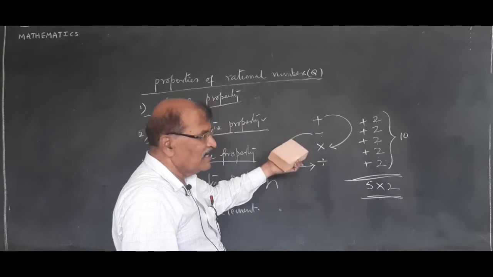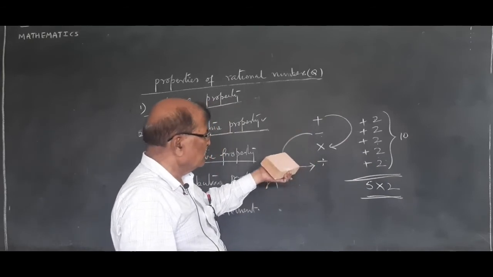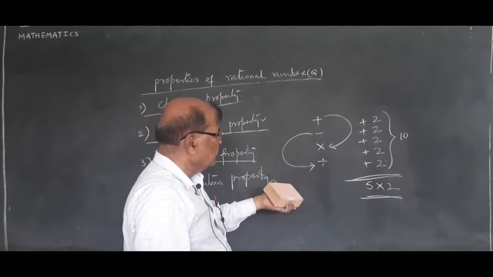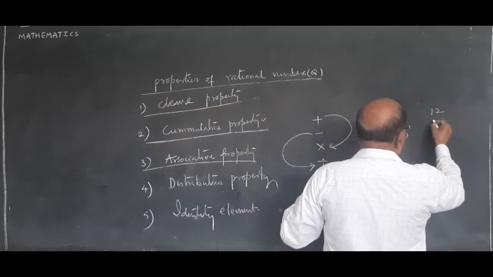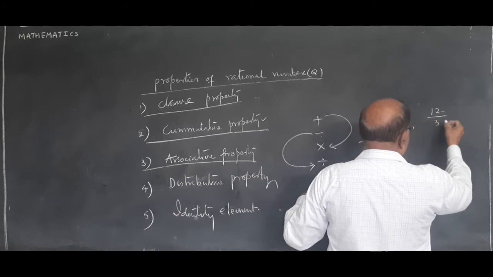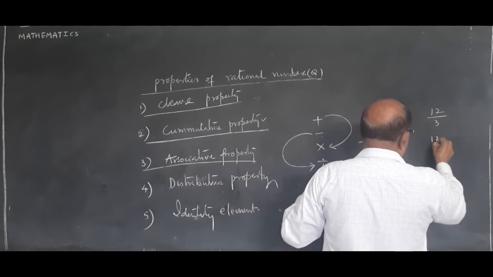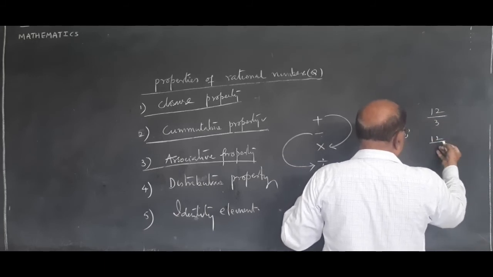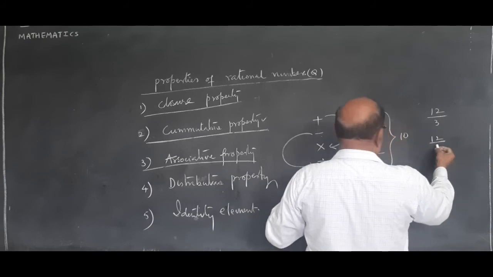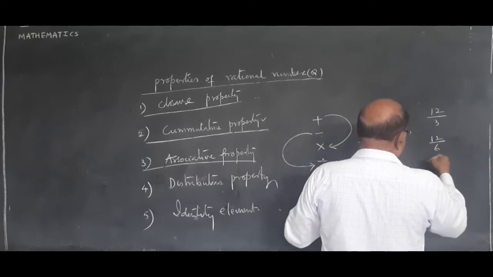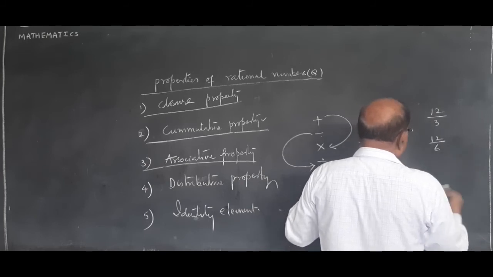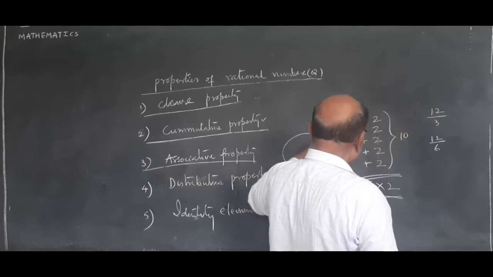So similarly division, so you divide. For example 12 divided by 3. How do you repeat this? Repeated division is repeated subtraction.